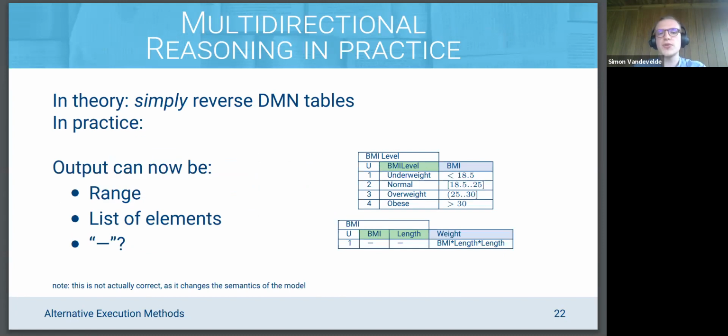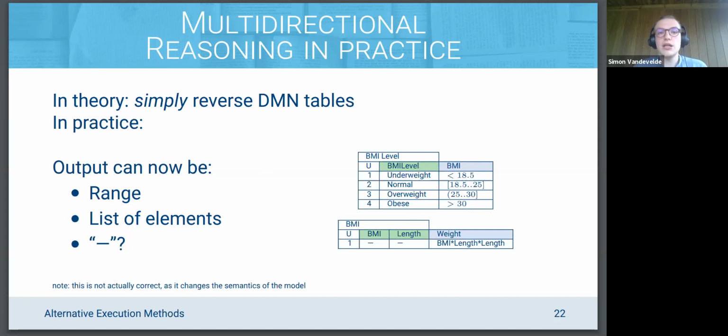Yes, our outputs can now be ranges. For instance, BMI. So say that BMI level is underweight. This decision table would say BMI needs to be below 18.5, which is not a correct decision table from a DMN standpoint. Furthermore, it does not define a single value for BMI anymore. It just says your BMI needs to be below 18.5. So an output could be a range of values. It could be lists of elements.